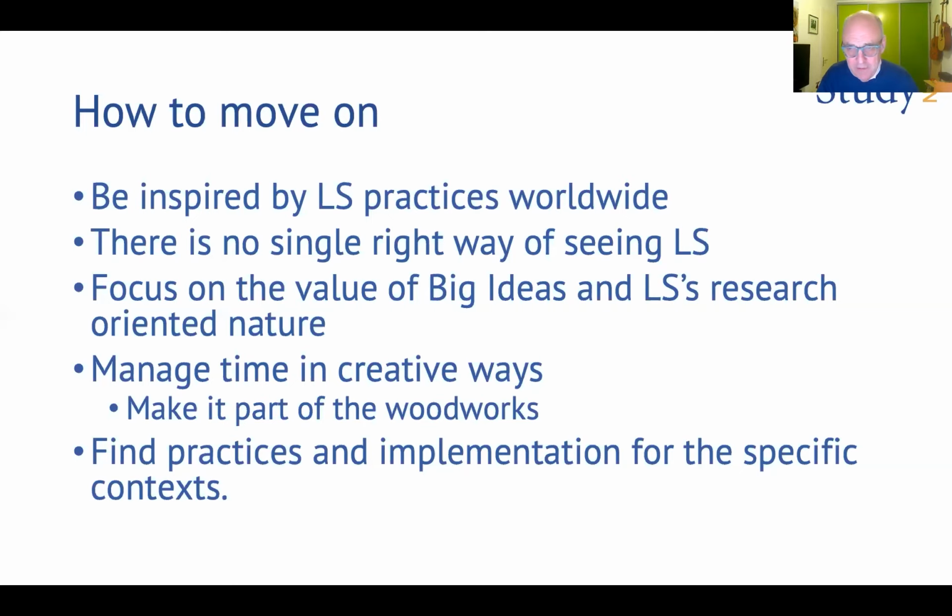One of them is the research-oriented nature of lesson study, and really engaging teachers in doing their own research on student learning. For that, we have to manage the time in creative ways, making it part of the woodworks, part of the essential schedules in schools.